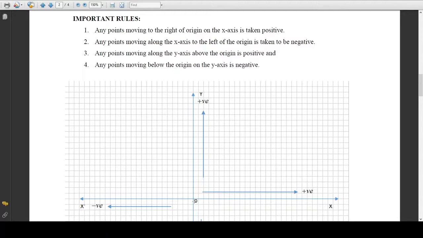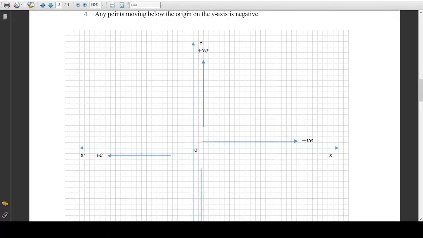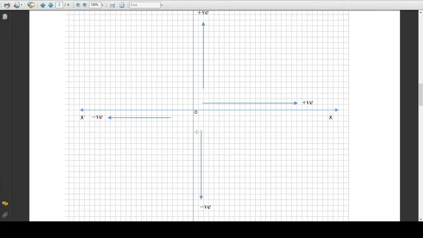If you move from the origin to the left on the x-axis, that will be counted negative. If you move from the origin upward on the y-axis, that will be counted positive. And if you move down from the origin on the y-axis, that will be counted negative.